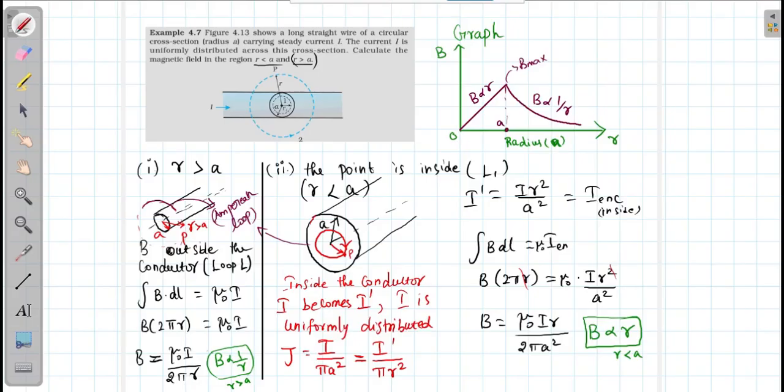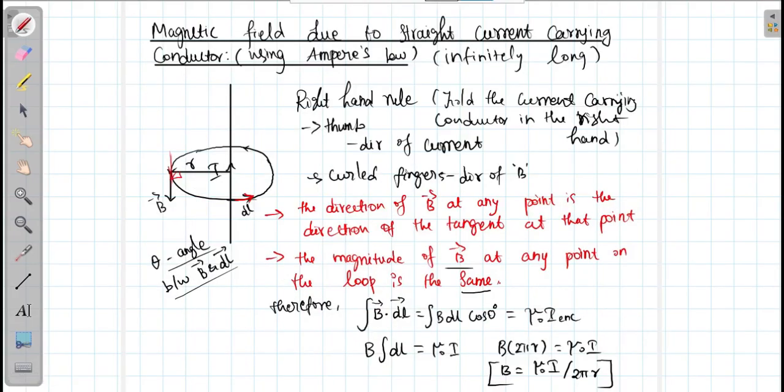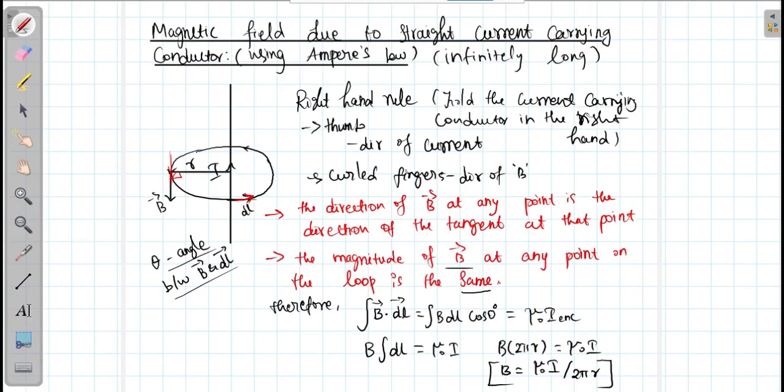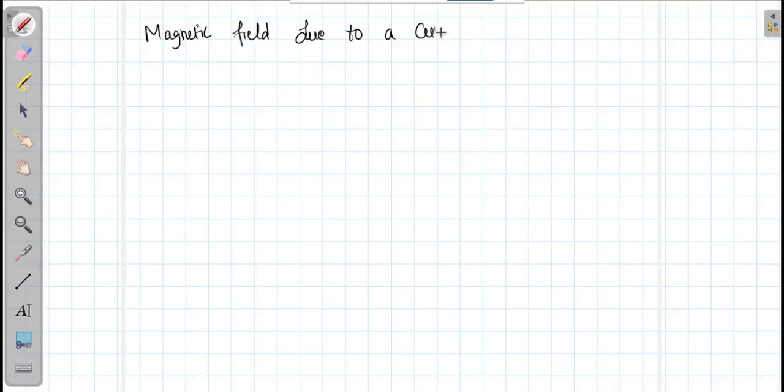Next is the solenoid. The third application is the solenoid: magnetic field due to a current carrying solenoid.